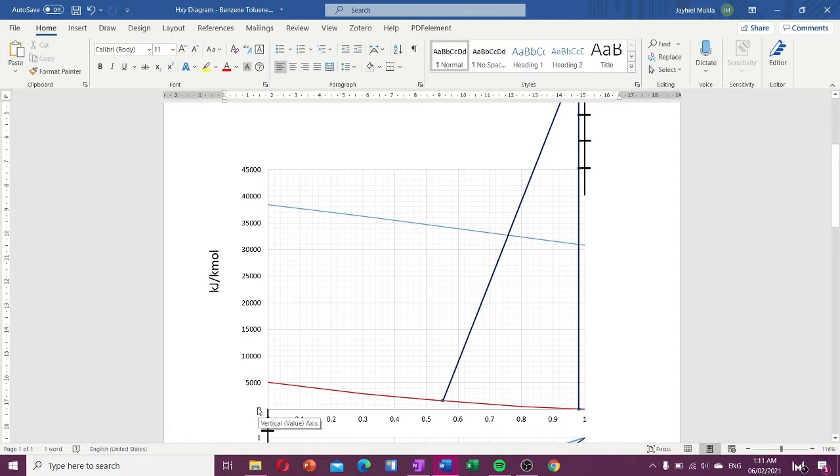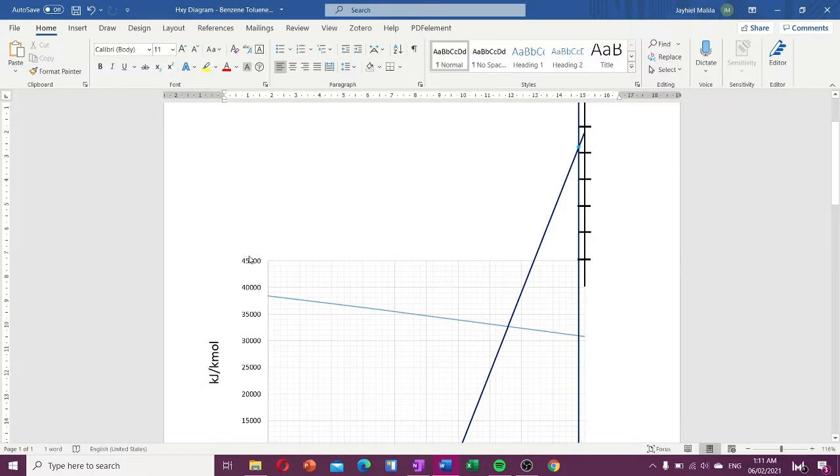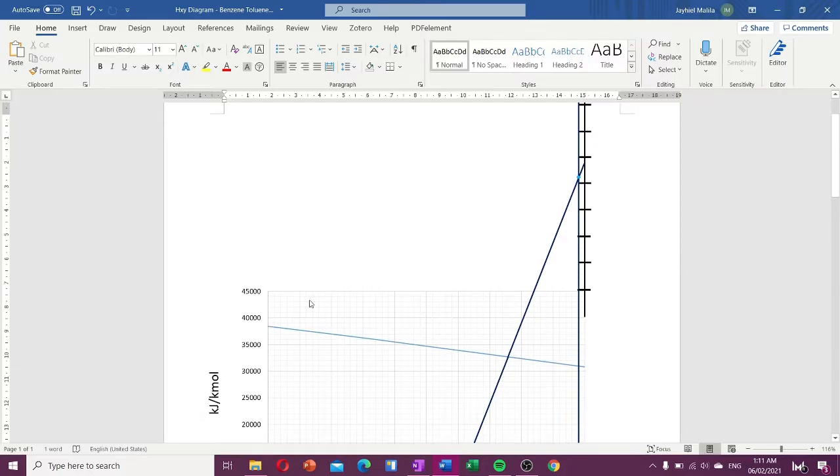If you notice, the calibrations or the steps have an addition of 5,000 for every major step that you do. So if you continue the increase of the values, if you have 45,000 kilojoules per kilomole here, this will be 50, 55, 60, 65, and then 70.